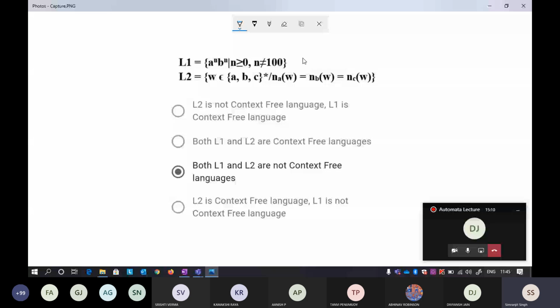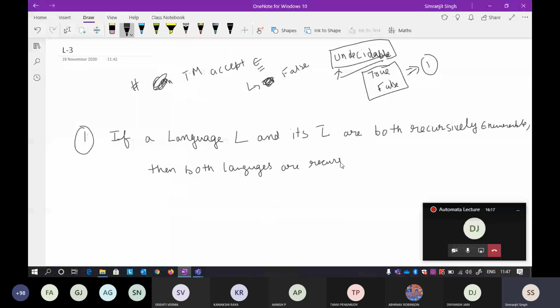If a language L and its complement L dash are both recursively enumerable, then both languages are recursive. You will not understand it by just looking at it. I will explain it, don't worry.